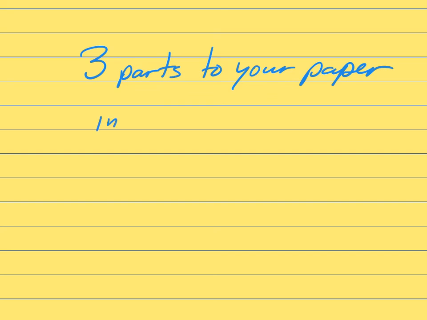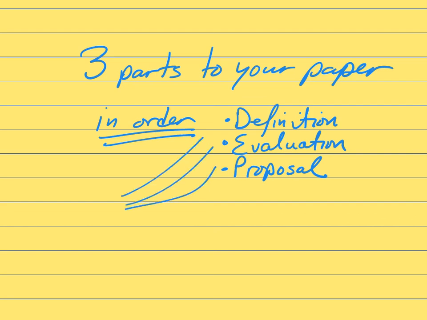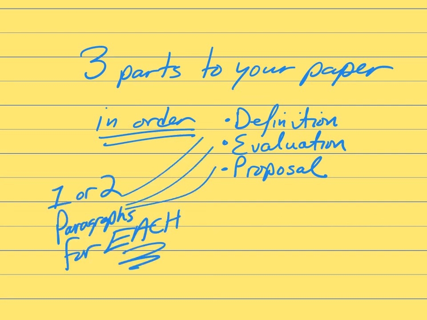So as you're thinking about your paper, it will have 3 parts, and they'll be in order. Okay? You'll have your definition, you'll have your evaluation, and they're in this order, although it's not 3 paragraphs. Okay? You'll have the proposal. You'll have all 3 of these, and each of them might be 1 or 2 paragraphs.